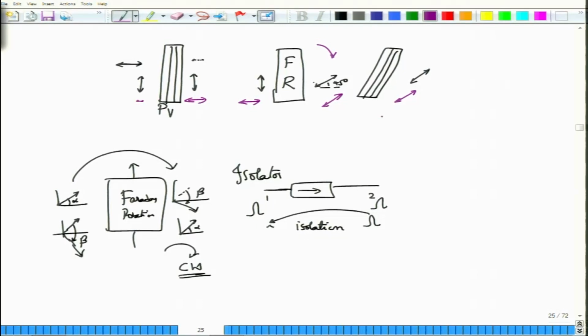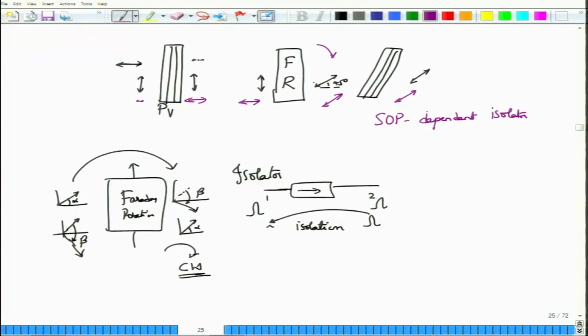So this is called SOP dependent, because this will work only for vertically polarized light. This is called an SOP dependent isolator, but in practice of course you do not have any control over the SOP of the input signal that would come in.